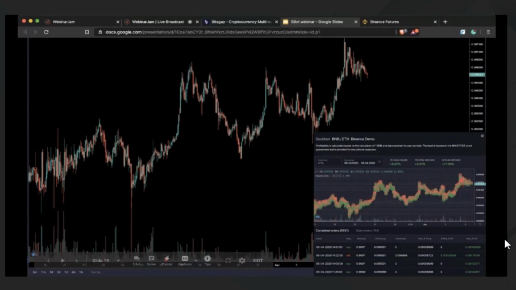So here you can see how the bot would trade for you on a specified date range. For this particular period, it would make 5.87%, just the profit generated by the bot.